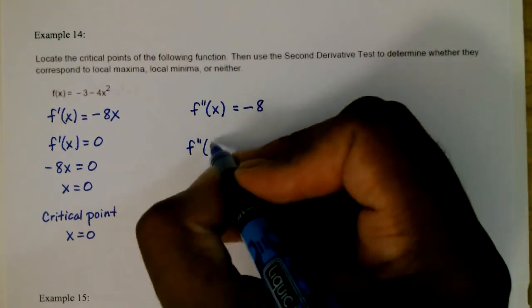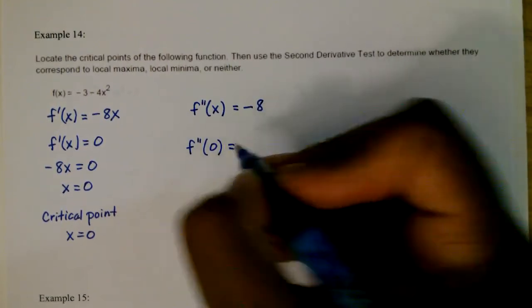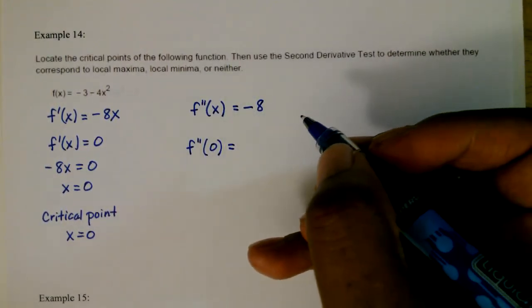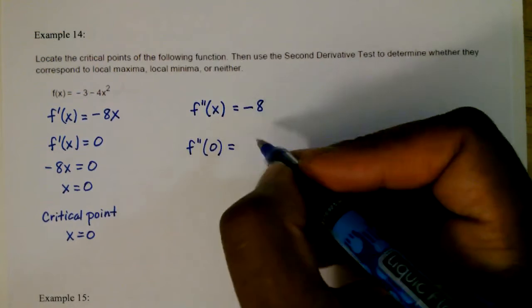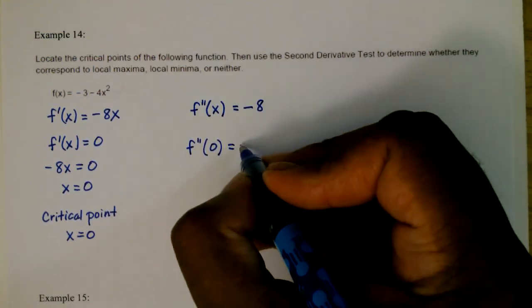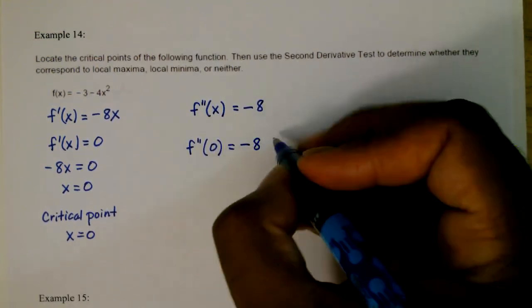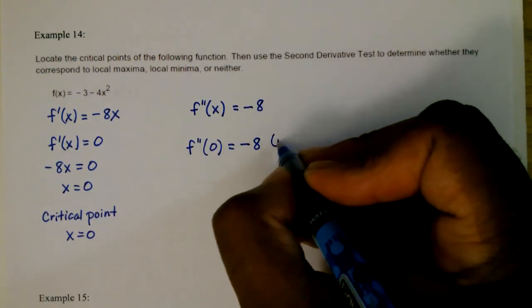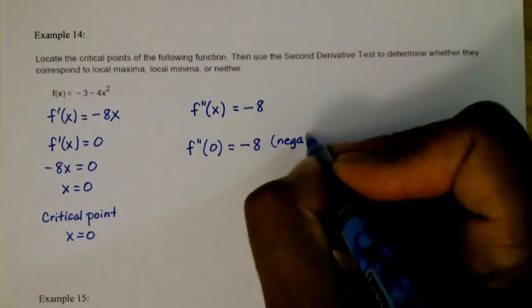The only critical point we have is at 0, so we're going to find f double prime of 0. Well, that's easy. Since f double prime of x is negative 8, that means that f double prime of 0 has to be negative 8. And of course, it is negative.